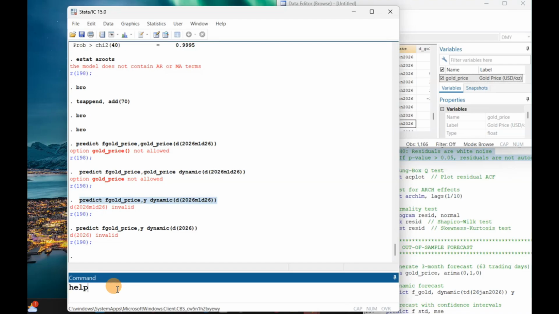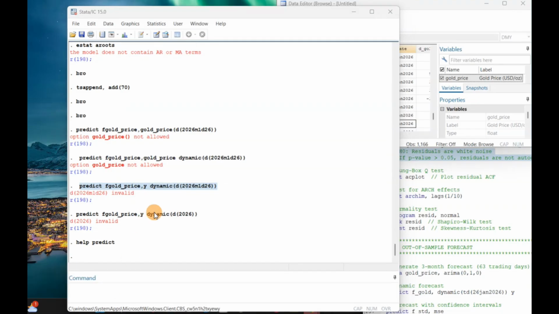Oh, you need to have the code. This code. Can you see? Okay.